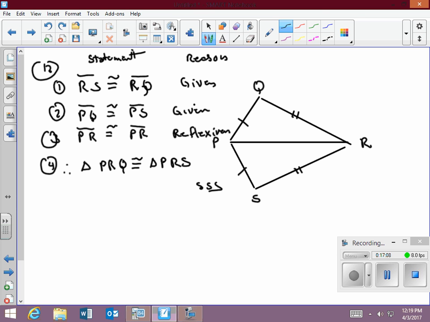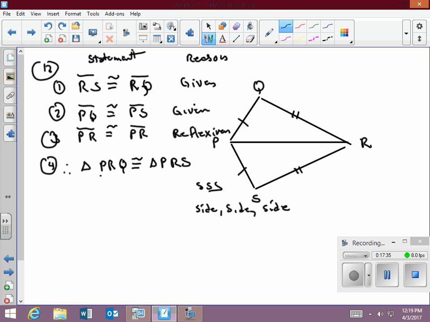What are those S's supposed to be? Those S's on the bottom? Oh, this is side, side, side. And that means their corresponding sides are congruent.